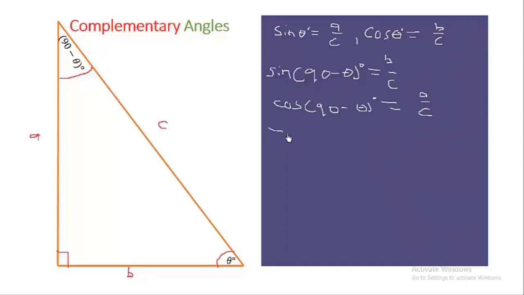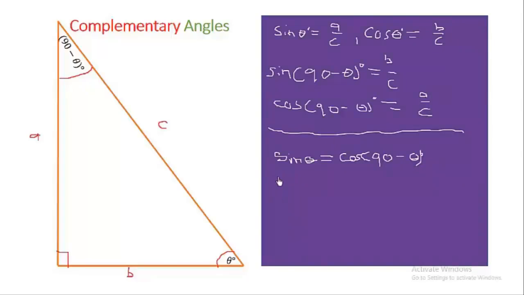So from this, we can conclude that a over c is equal to a over c. That is, if the two angles are complementary, then sine theta will be equal to the cosine of the complement of the given angle, which is 90 minus theta degrees.